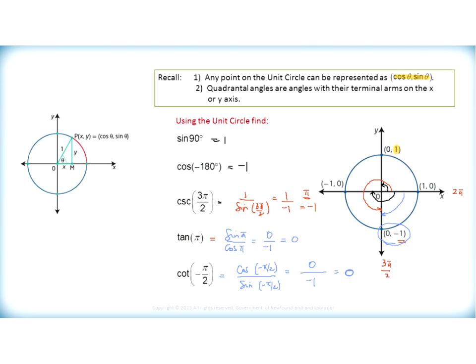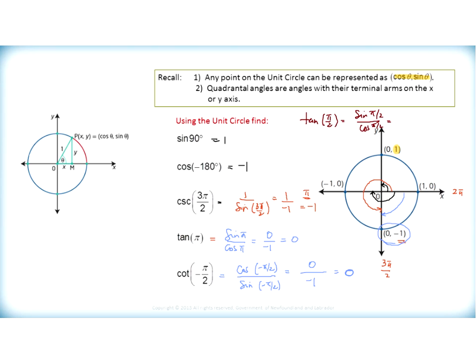Before we move on, let's have a look at one that's undefined. I haven't got it listed here, but let's have a look at it. If I were to ask you for the tan of pi over 2. Tan of pi over 2 would be the sine of pi over 2 over the cosine of pi over 2.